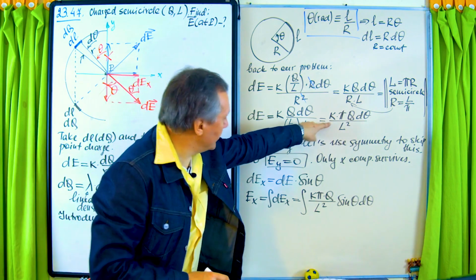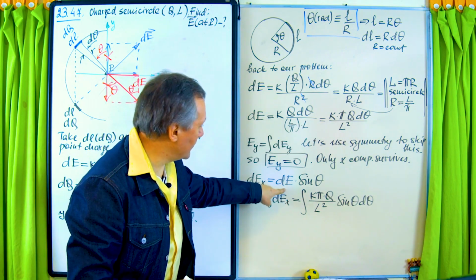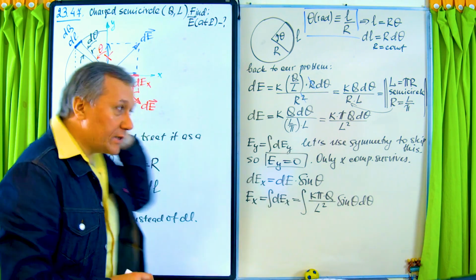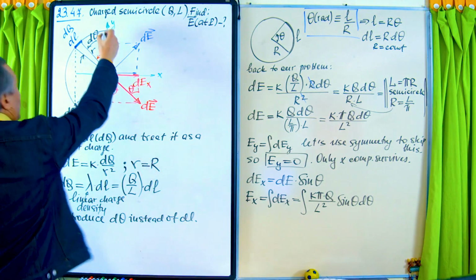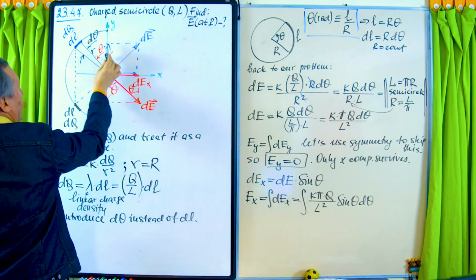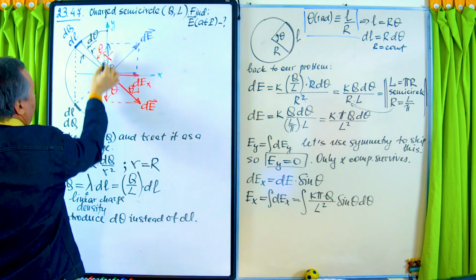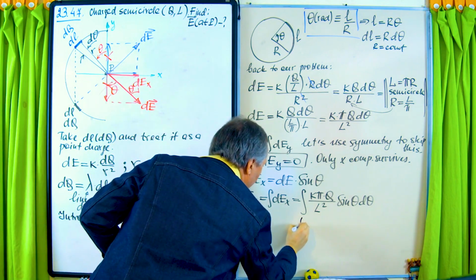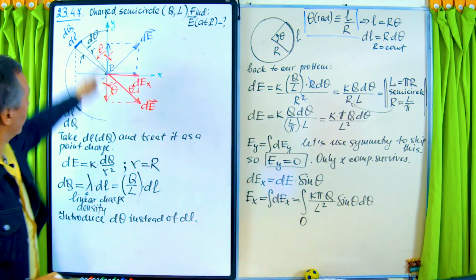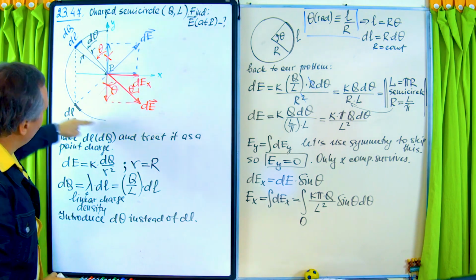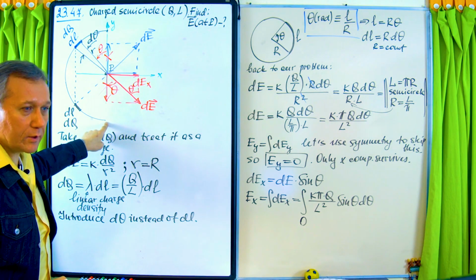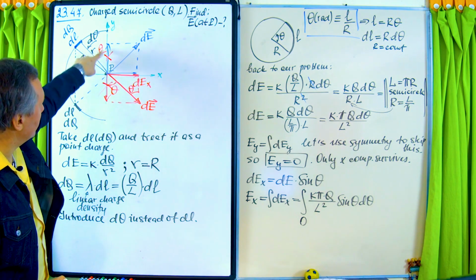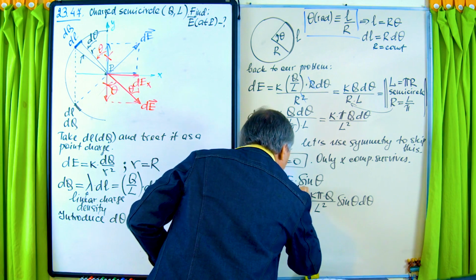So I just plug in dE and multiply by sine, and of course integrate. Limits of integration: you start from here because we measure angle theta from the vertical, from the positive y direction. So when you are here, angle theta is 0. So the lower limit is 0. And then when you get to the lower part, to the end of the rod, the angle is pi. So from 0 to pi.